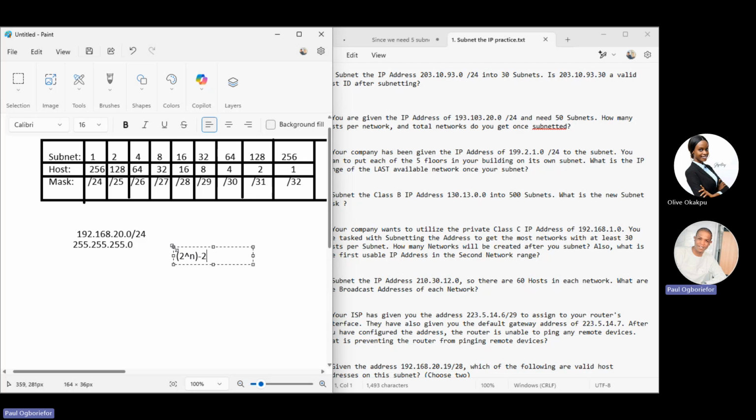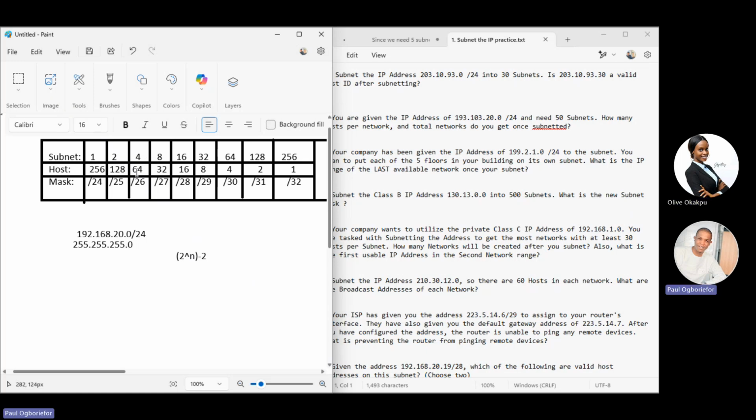And don't forget that the first number, which is 0, is always the network ID, and the last number, which is 63, will become the network broadcast. Do you get that?